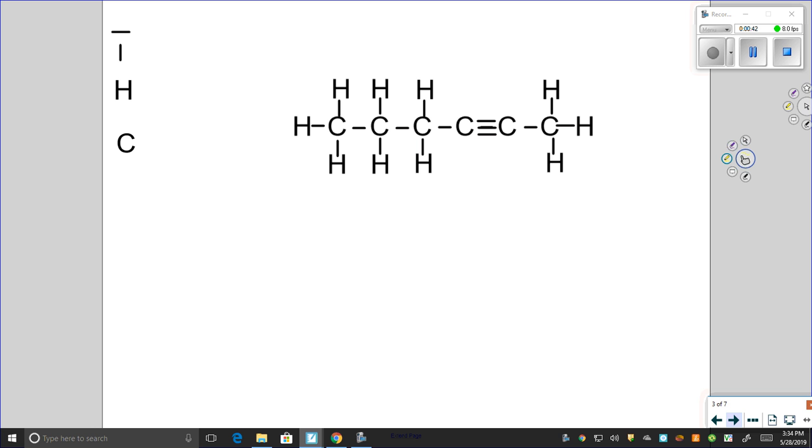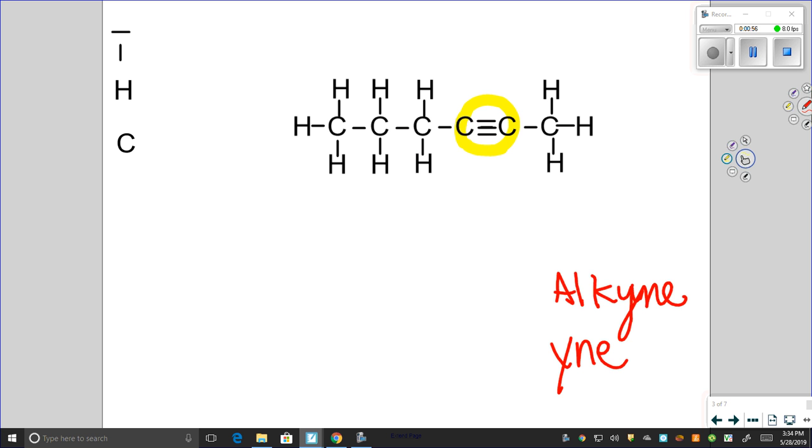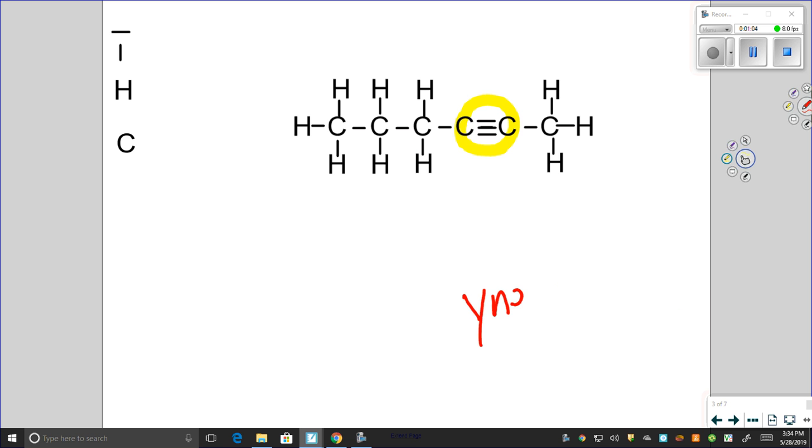So the first thing we're going to recognize is that we do have a triple bond in this molecule, which means it is an alkyne, which means we're going to be ending in -yne specifically. Now, since it's an alkyne and we end in -yne, we need to count up our carbons and see how many we have.